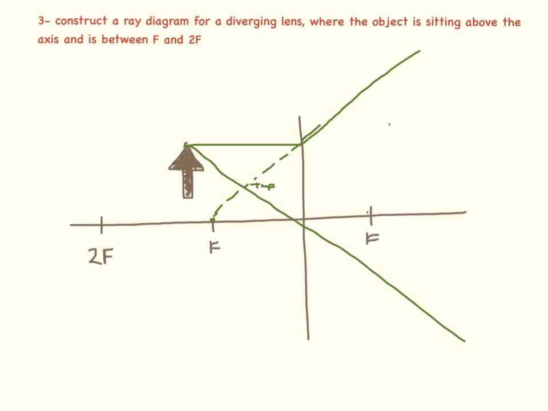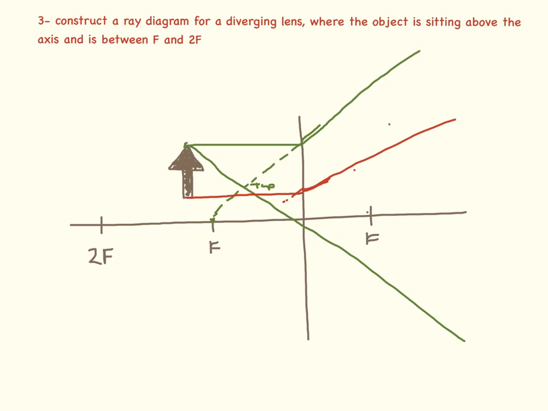I'm just going to switch to red for the second colour for the bottom, to make it a bit easier. So again, I need to draw a line straight through, and I need to go through my focal point again. So just lining that up, and we'll have a line that looks like this.